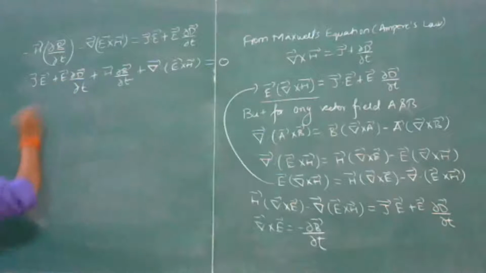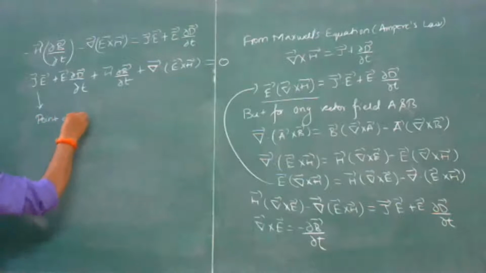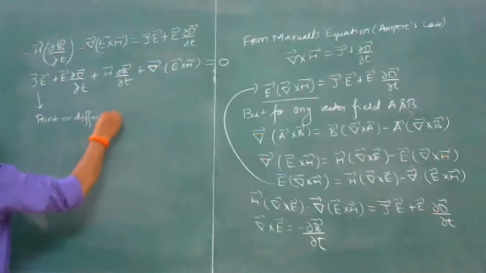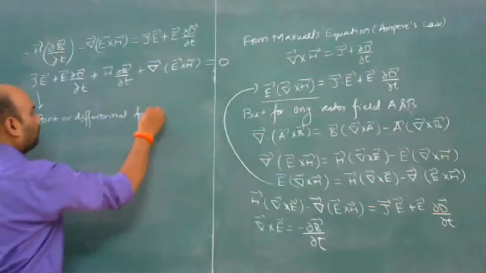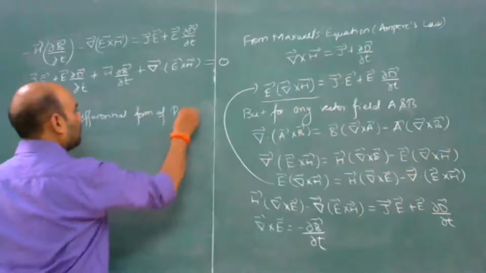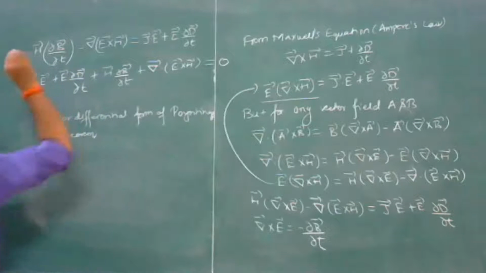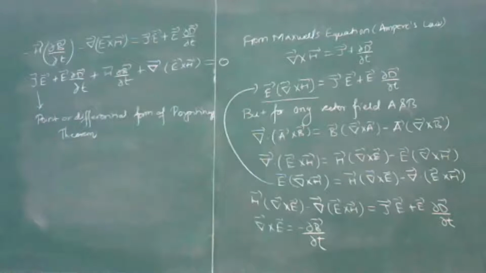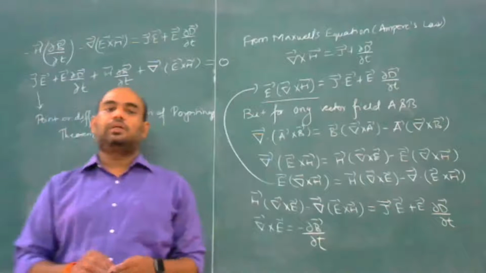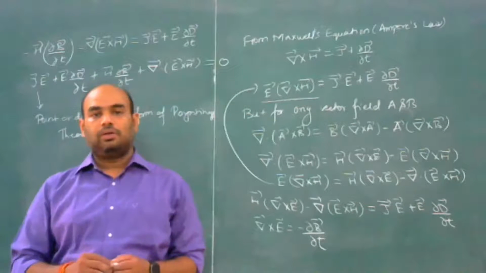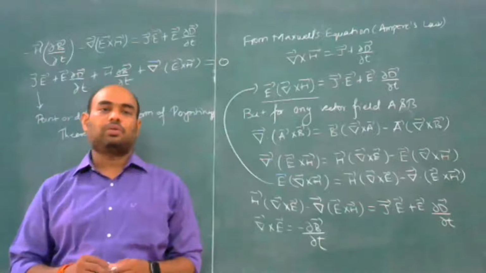So this above equation is the point or differential form of Poynting's theorem. This equation is, in fact, a statement of the law of conservation of energy.